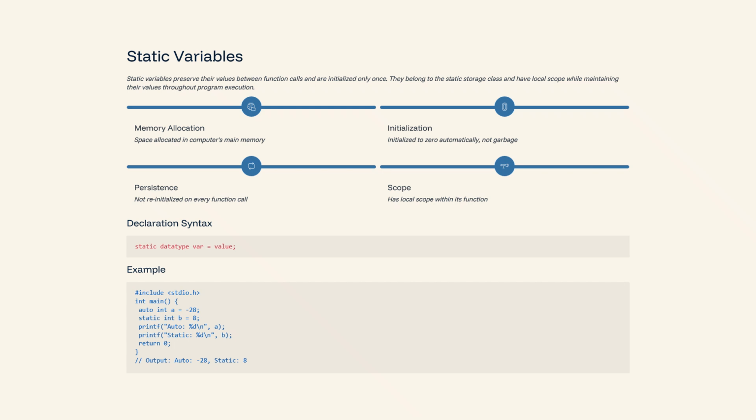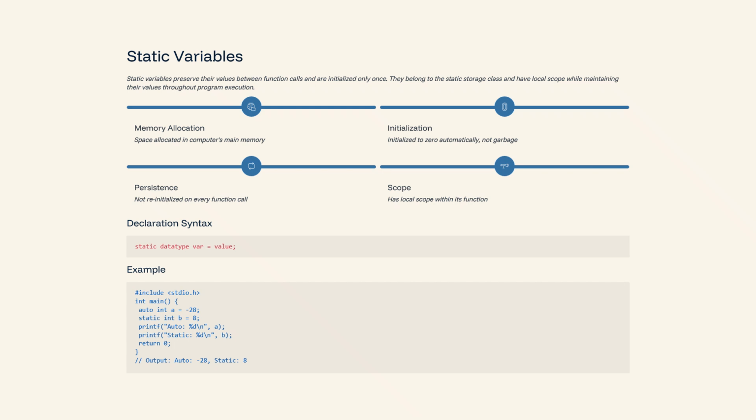The main characteristics of a static variable are: memory is allocated once in the computer's main memory. It is automatically initialized to 0 if no value is given, not with a garbage value. It persists, preserving its value between function calls. Its scope remains local if it is declared inside the function.